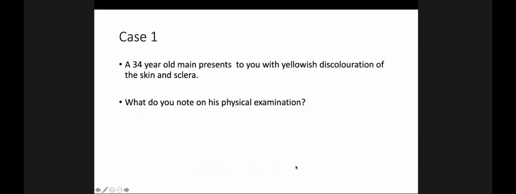Right. So let's start with this first case. This is a young man in his 30s presenting to you with yellowish discoloration of the skin and sclera. What do you notice on his physical examination? Anybody like to comment?